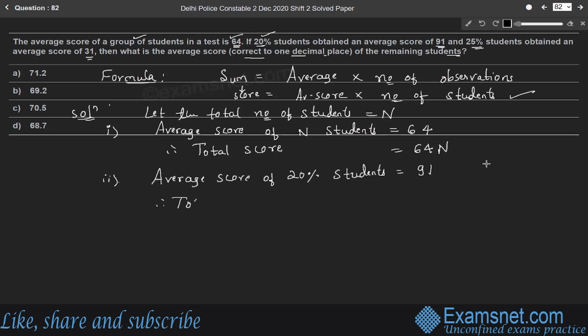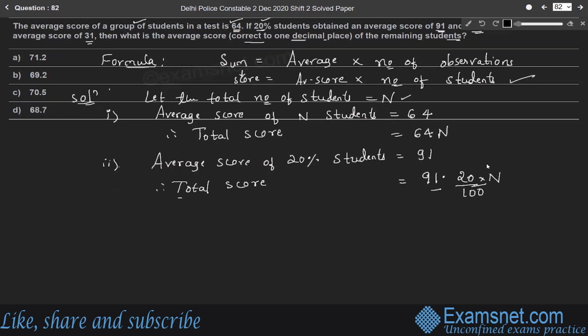Therefore, the total score of 20% students is the average, 91, into the number of students. 20% of n students is nothing but 20 by 100. Out of 100, 20 students. Therefore, for n students, out of n students, how many? So the total score becomes average score into number of students.